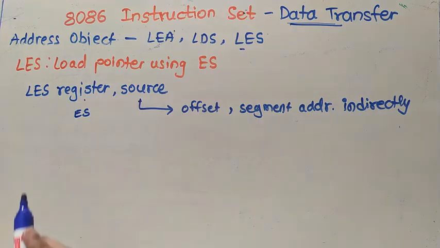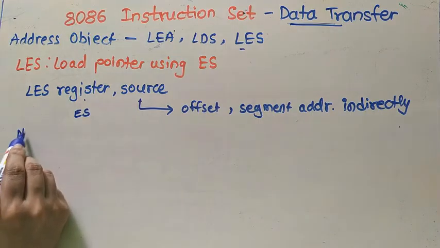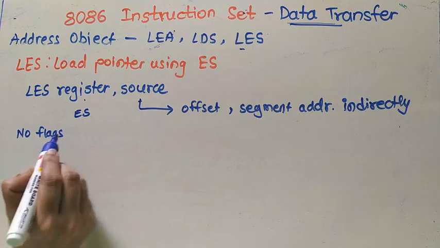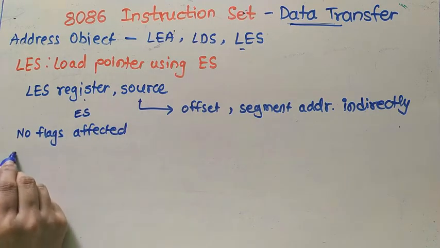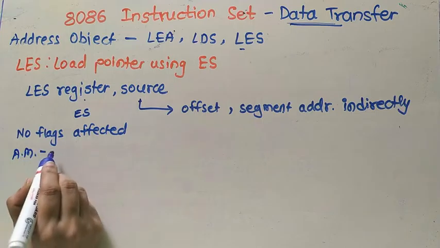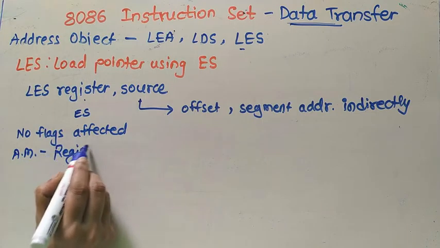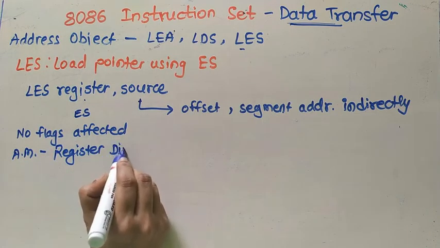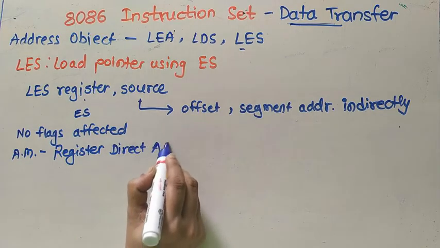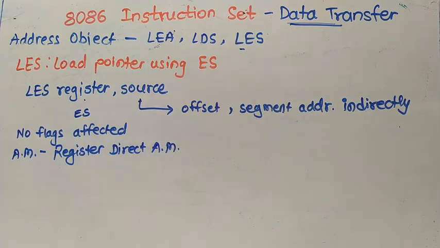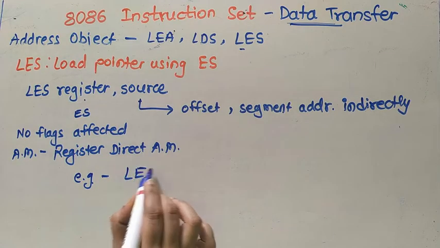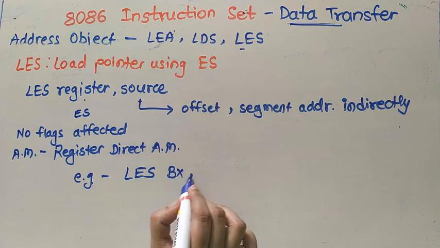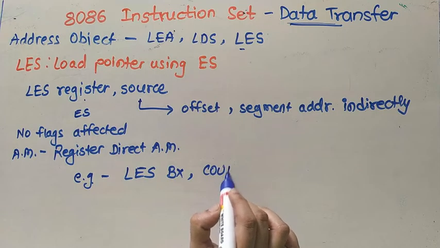Here no flags are affected, and the addressing mode is register direct addressing mode for this instruction. Let's see the example: LES BX, count.